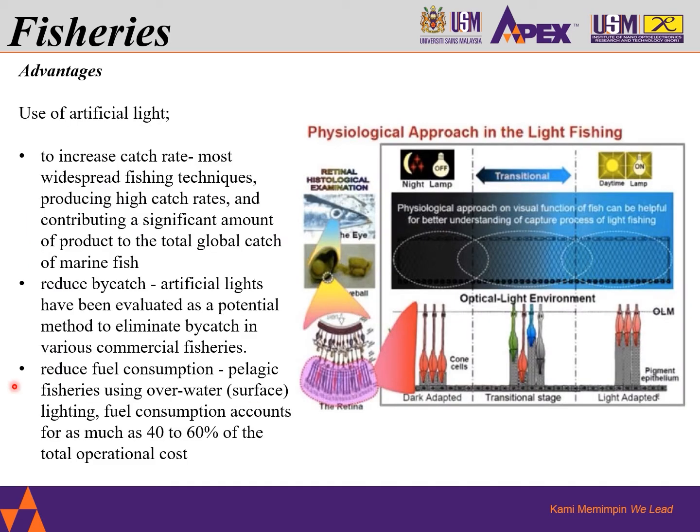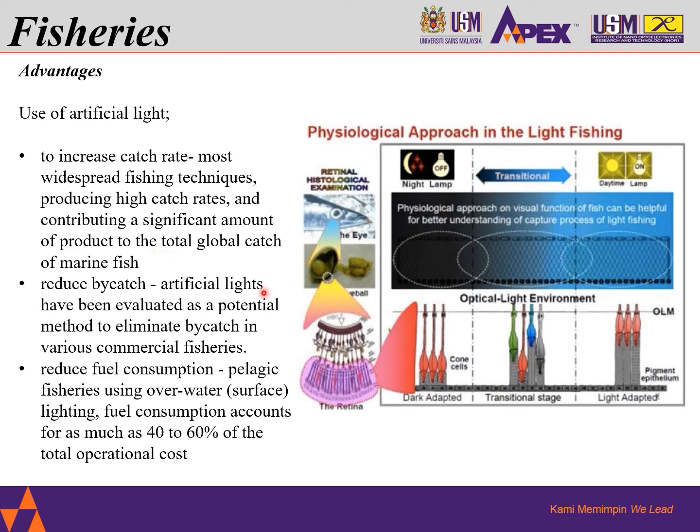Advantages of this application of artificial light. Of course, we can increase the catch rate with the most widespread fishing techniques, producing high catch rates and contributing a significant amount of product to the total global catch of marine fish. We can also reduce the bycatch.